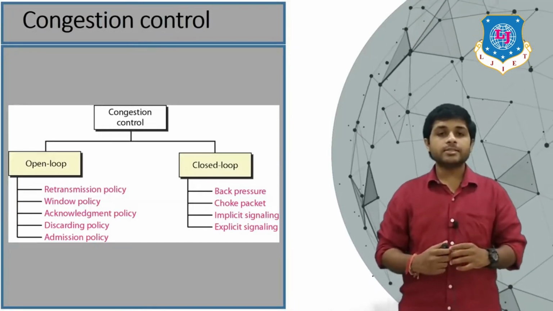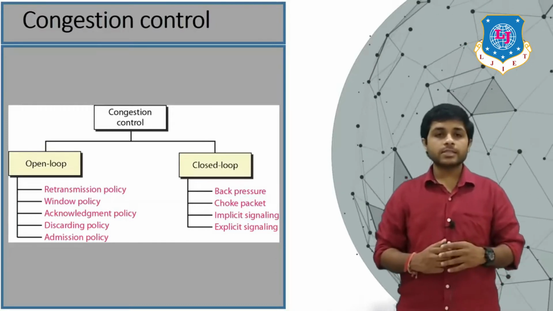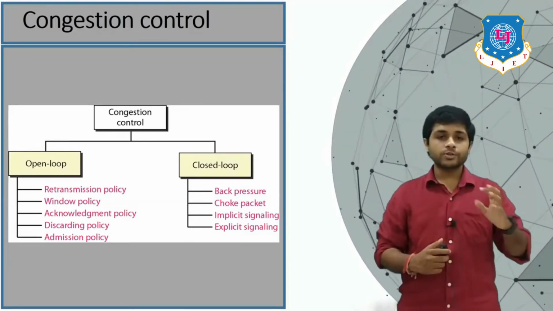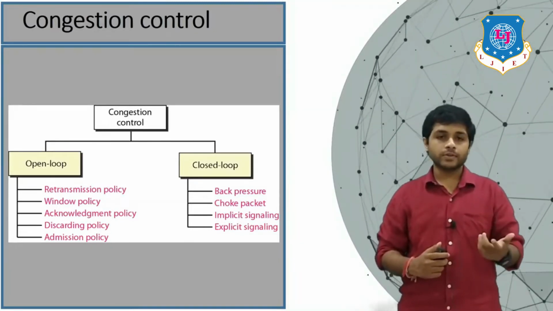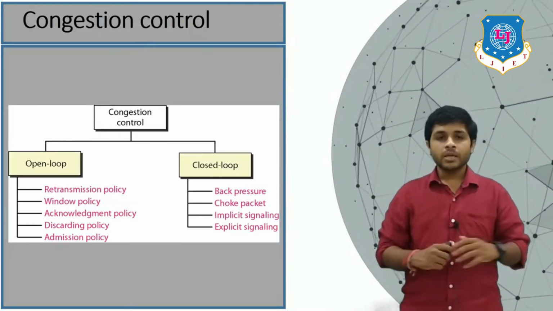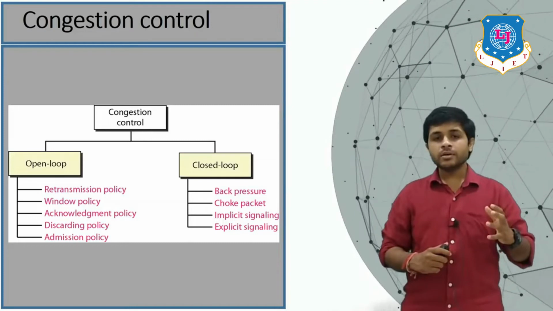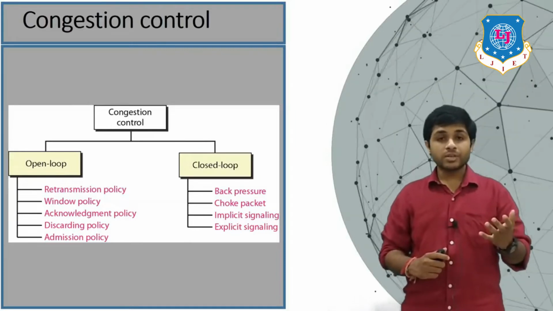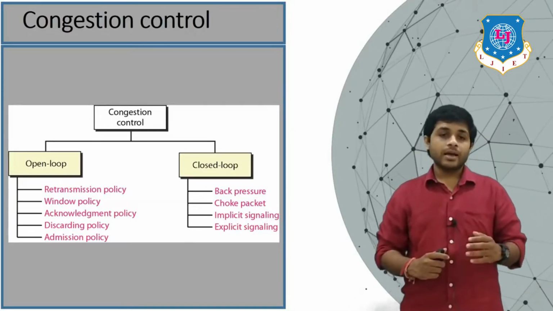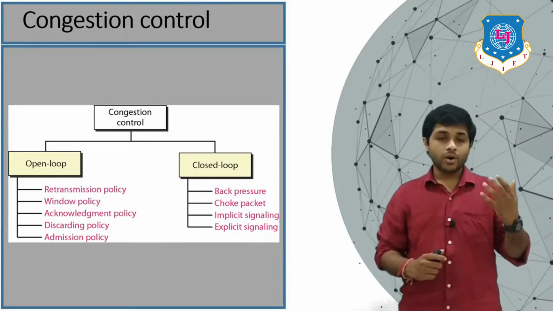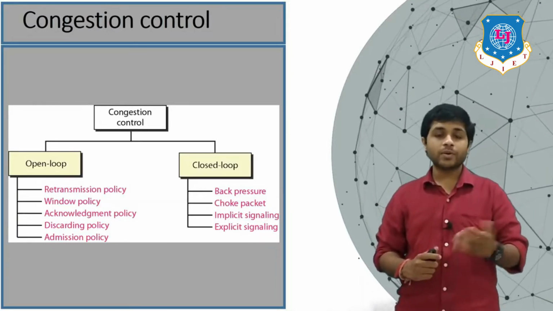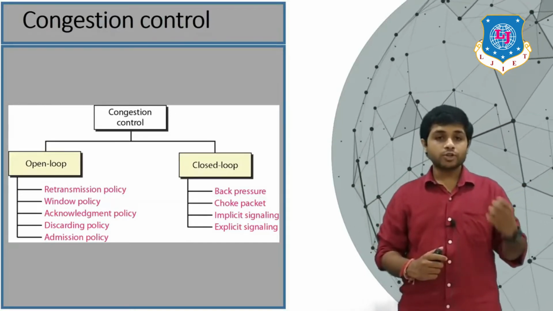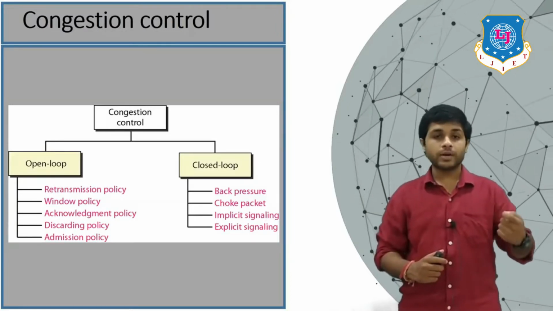Then the next type is the discarding policy. Now what is the meaning of the discarding policy? Suppose a router is receiving 10 packets and the router has to decide which packet goes to which interface, right? That is a function of the router. But now imagine the router is receiving more packets than its capacity. Suppose the router is now receiving 50 packets and it has to decide which packet should be forwarded to which particular link, which packet should be forwarded first and which packet should be forwarded last.